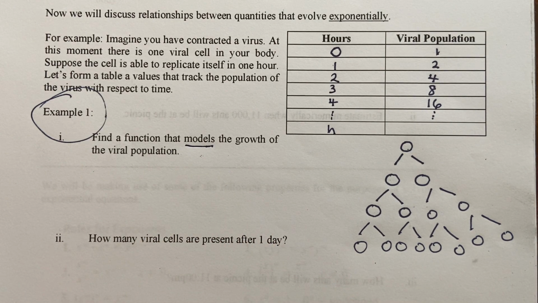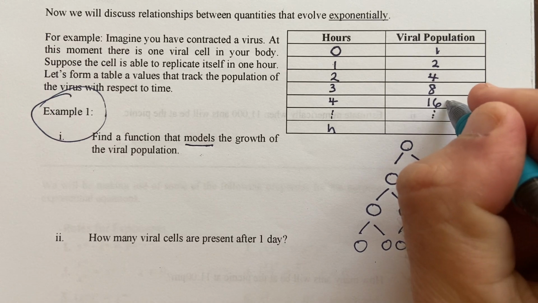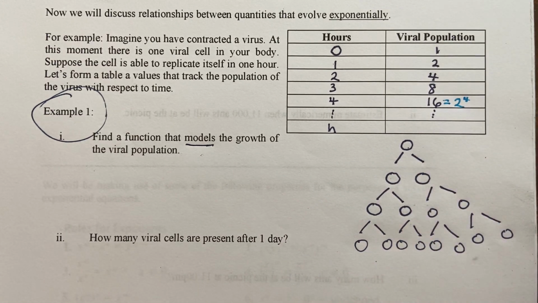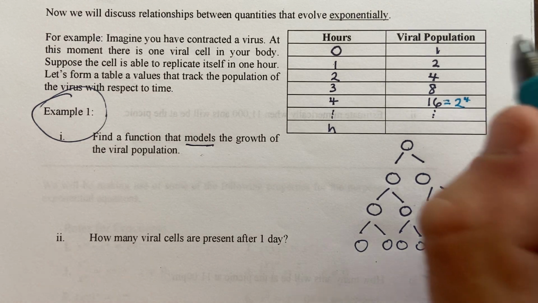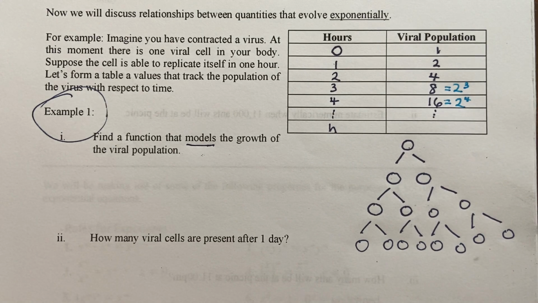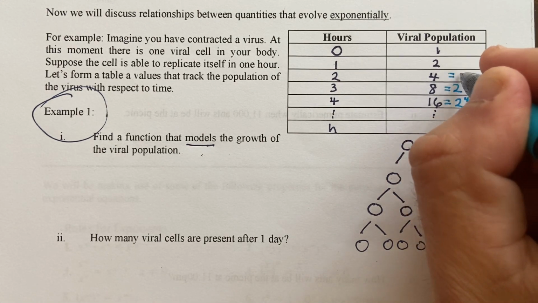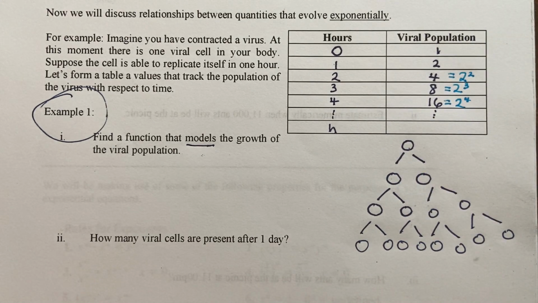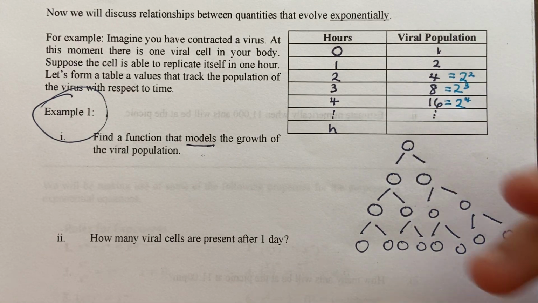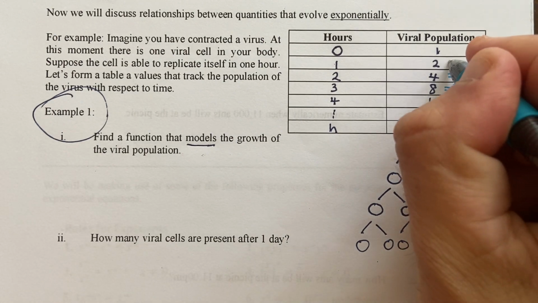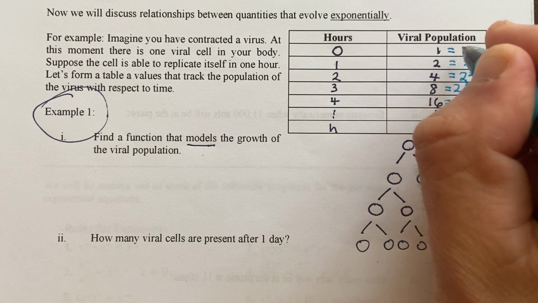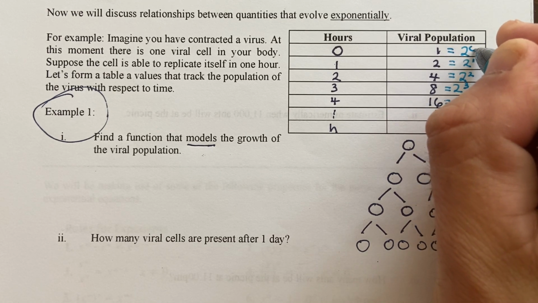So something to note is that 16 would be the same as 2 to the fourth. 8 would be the same as 2 cubed. 4 would be the same as 2 squared. 2 would be the same as 2 to the first. And 1 would technically be the same as 2 to the 0.